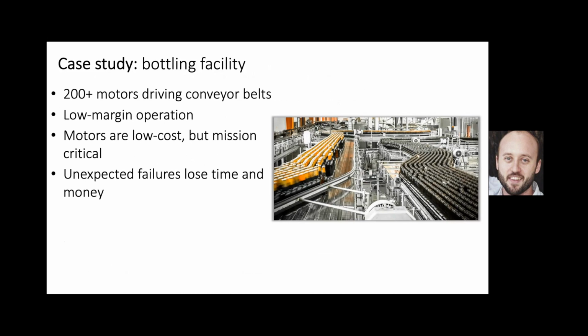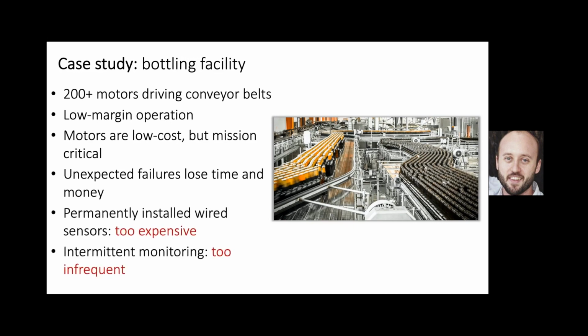So something like this is going to have lots and lots, hundreds, sometimes thousands of low-cost balance of plant motors. So these motors, while they go in that balance of plant category and are not considered critical from a component cost perspective, they are in fact mission critical. So unexpected failures can result in lost time, lost production, lost money.